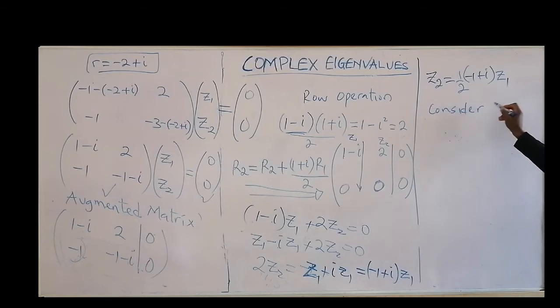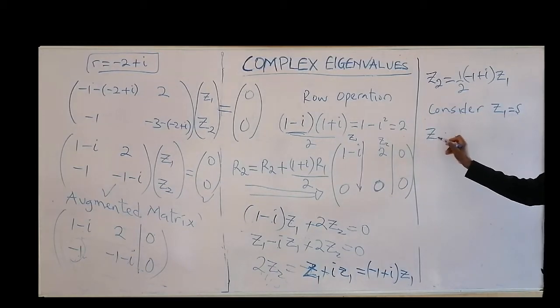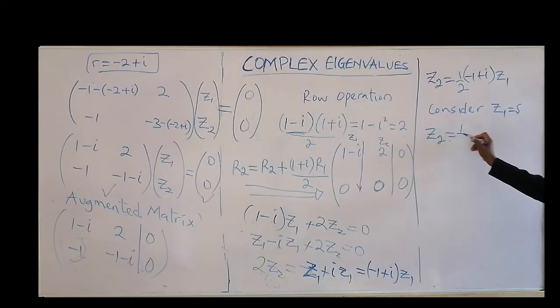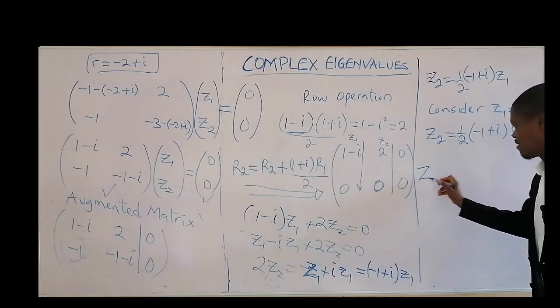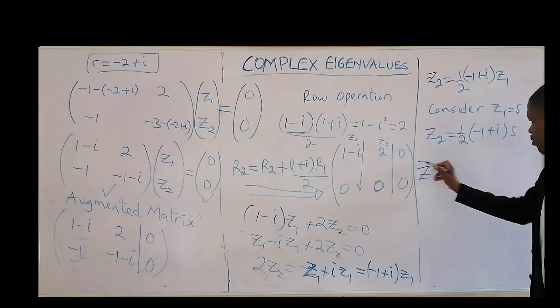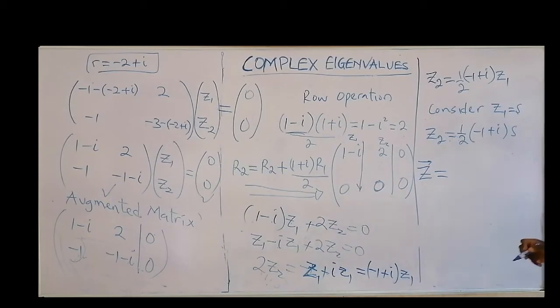So let's consider Z1 to be x. So Z2 is now equal to half into brackets minus 1 plus i. So the eigenvector will be equal to Z1 and Z2.